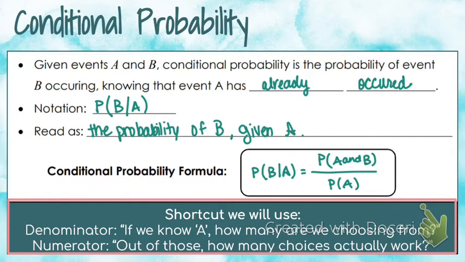We have a denominator and a numerator, that's the bottom and the top of a fraction. For the denominator, we say, if we know A, how many are we choosing from? That's our denominator. Now, out of those options, how many choices actually work? And that will be our numerator. Now, let's do some examples, and this will get a lot easier as we go.